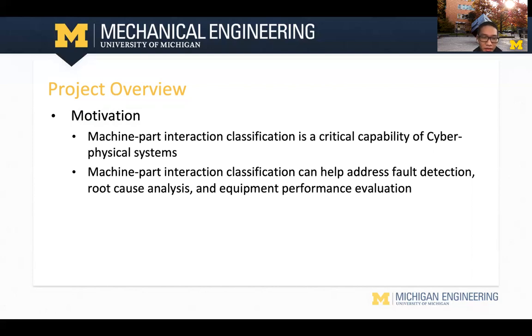And next, machine part interaction can be used to address other manufacturing problems such as fault detection, equipment performance analysis, etc. So this piece of information of how the machine is interacting with the workpiece is very important for monitoring, planning, and coordination on the factory floor.